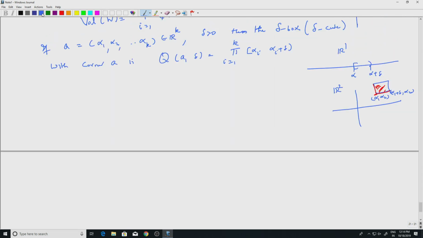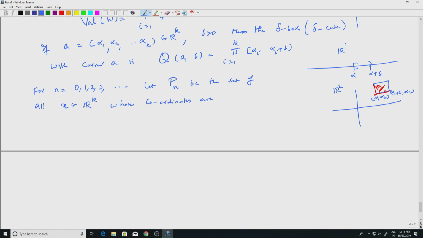So, now some notation for n equal to 0, 1, 2, 3 and so on. Let P_n be the set of all points x in Rk. Remember k is the dimension.